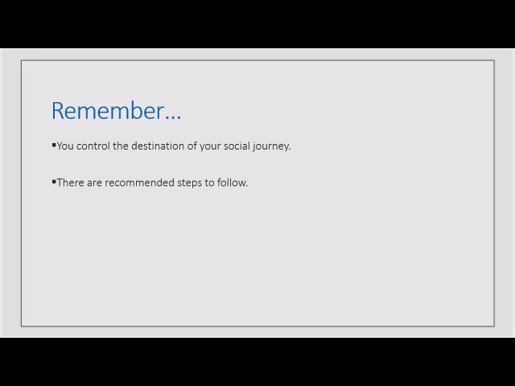Looking at where you want to end up. What's your destination? Where do you want to be? Then you want to plan. You want to figure out how you're going to get there. Then you implement it. You get staff engaged. You start to measure that engagement, and finally, you evaluate those measurements and you adapt to what's working and what isn't working.